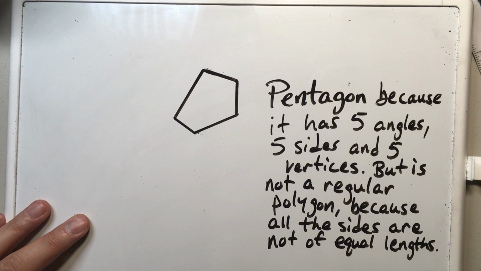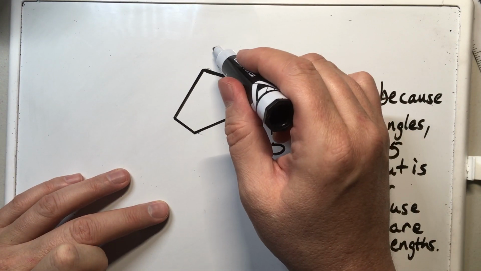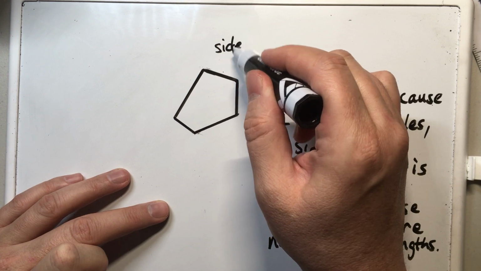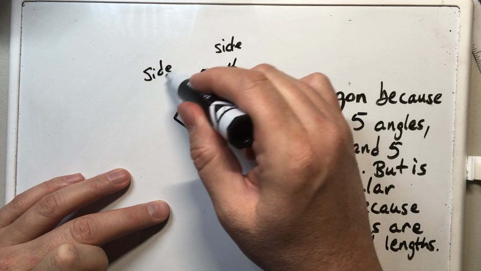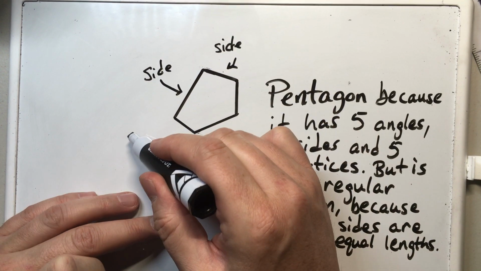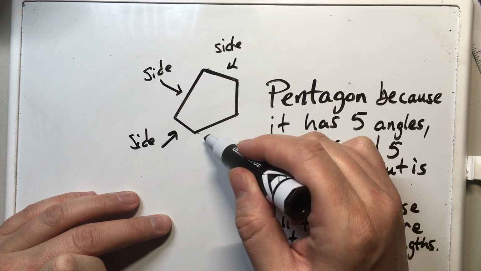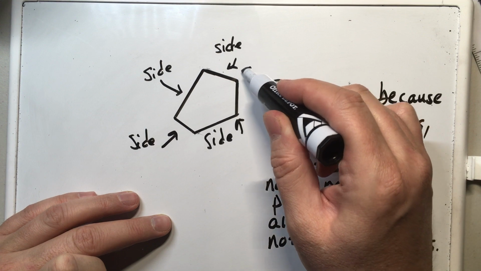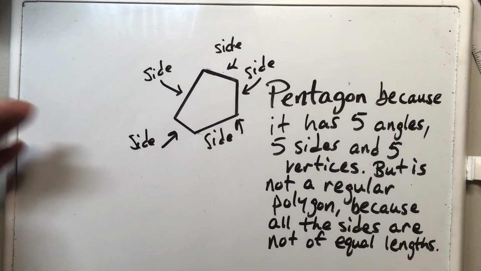Okay? So let's take a look here. How many sides does it have? Side 1, 2, 3, 4, and 5. Okay? But it looks different.